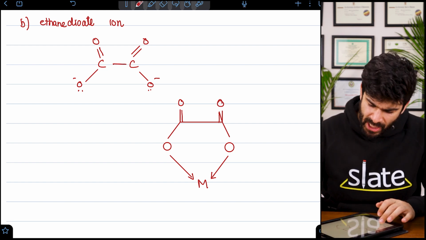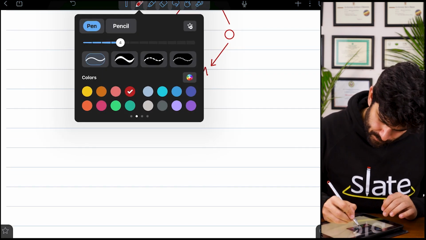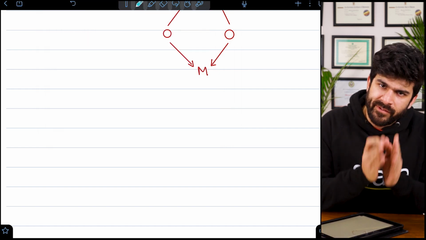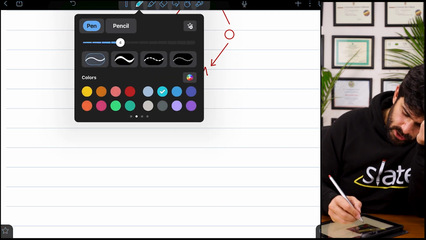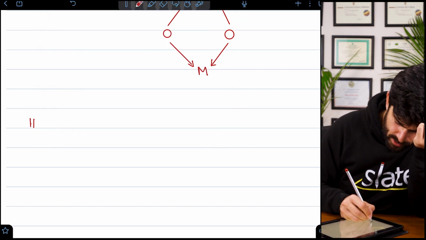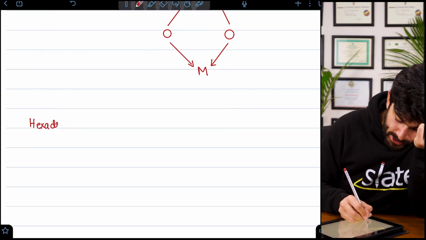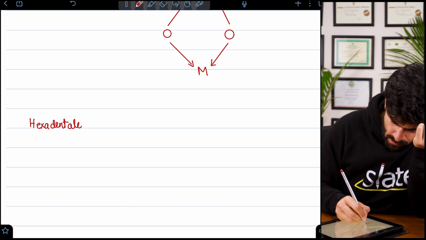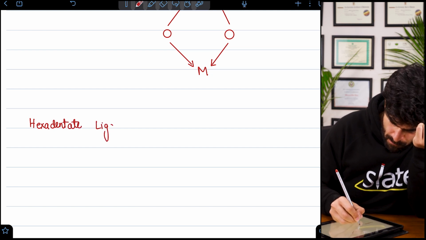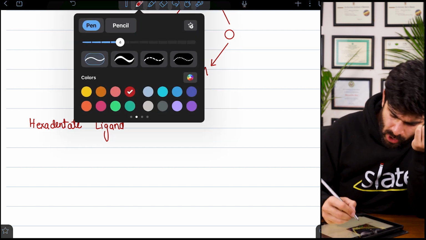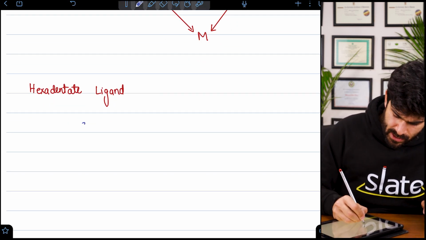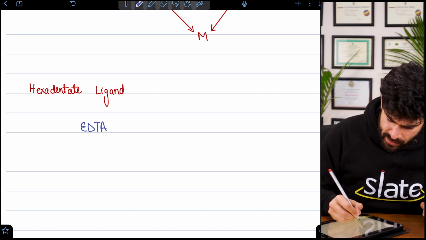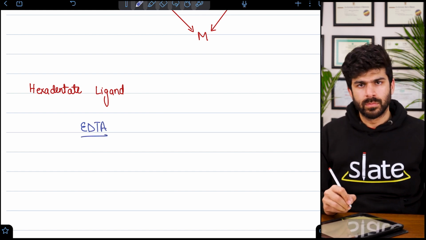Now, moving on to the next type. When we talk about polydentate, we have anything from bidentate, or jumping straight to a hexadentate ligand. There's only one example in your syllabus that you need to know, that is EDTA. This name is ample for you.